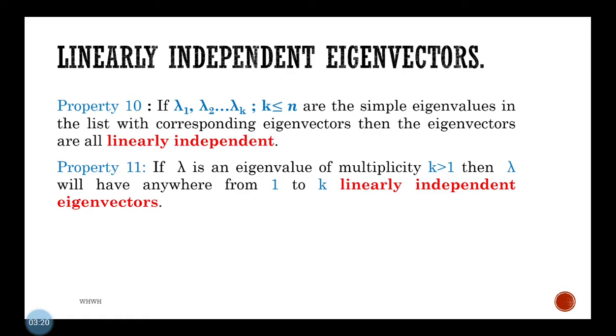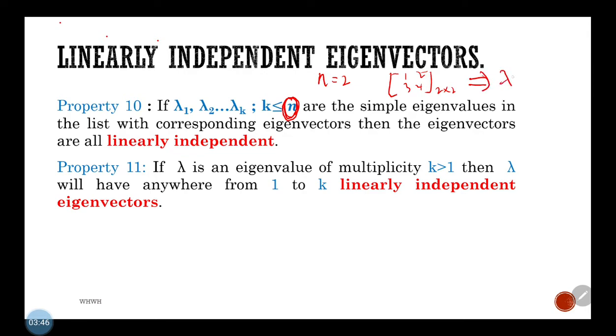What does property number 10 mean? Class, n here is the size of the matrix. Before this we had n equals 2, meaning a 2 times 2 matrix, 1, 2, 3, 4. And how many lambdas do we normally get?